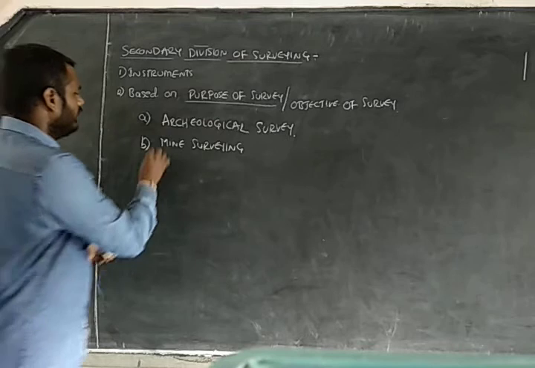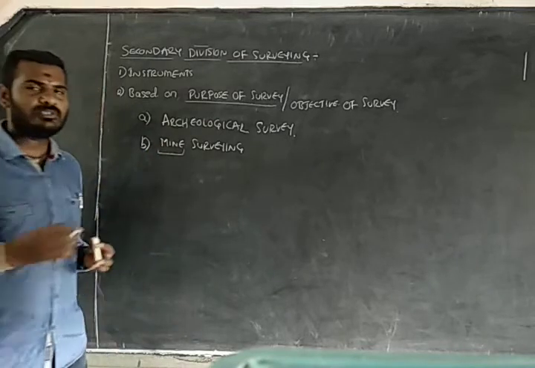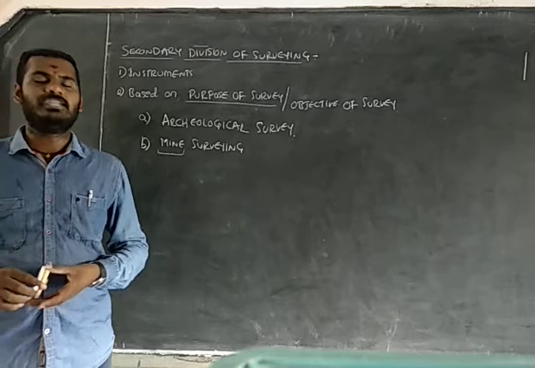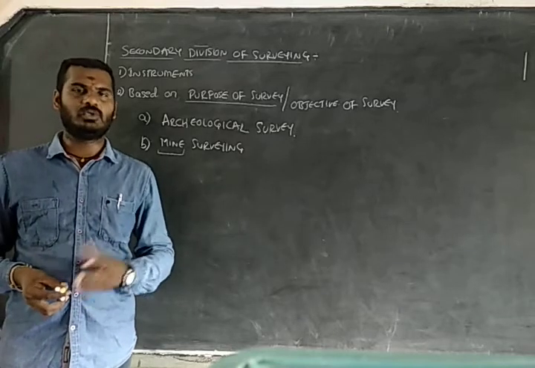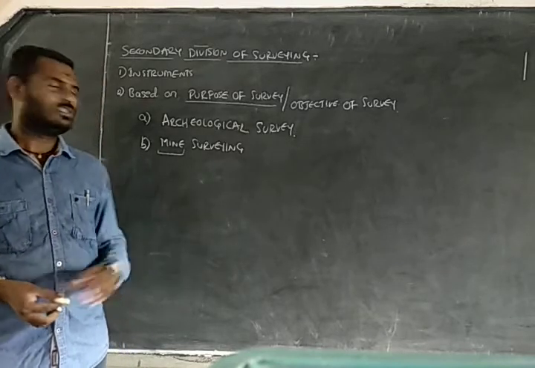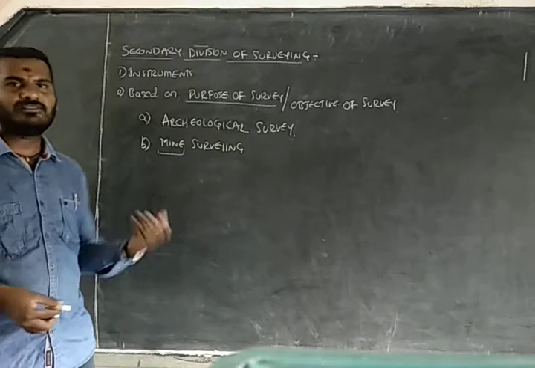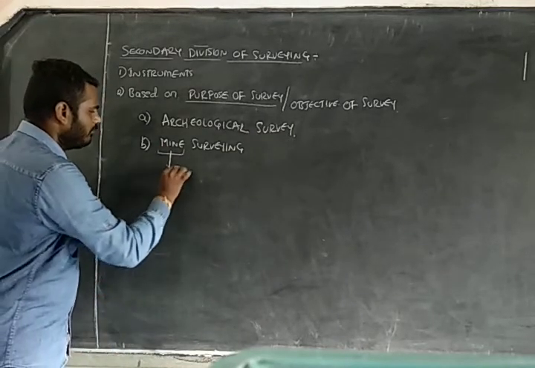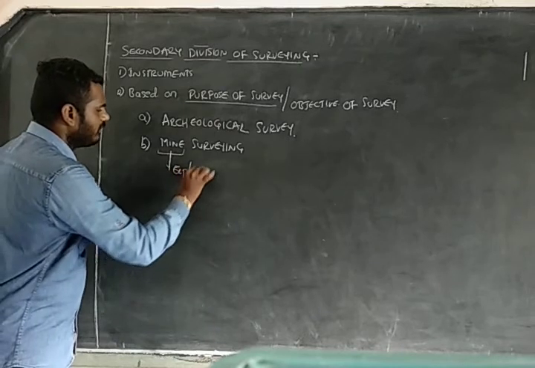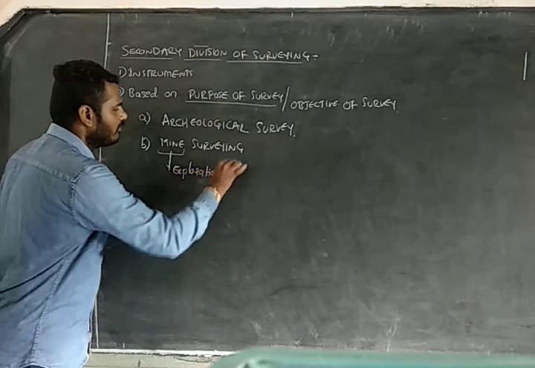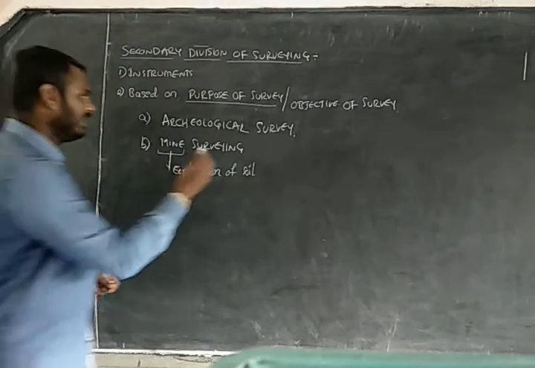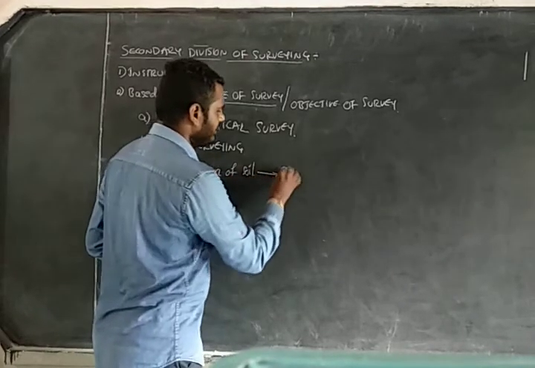In our day-to-day life we are using so many different minerals that are available under the ground level. Let us take copper, let us take gold, whatever it may be. They are all extracted from the ground. By exploration of soil below the ground level, we will get the raw materials.